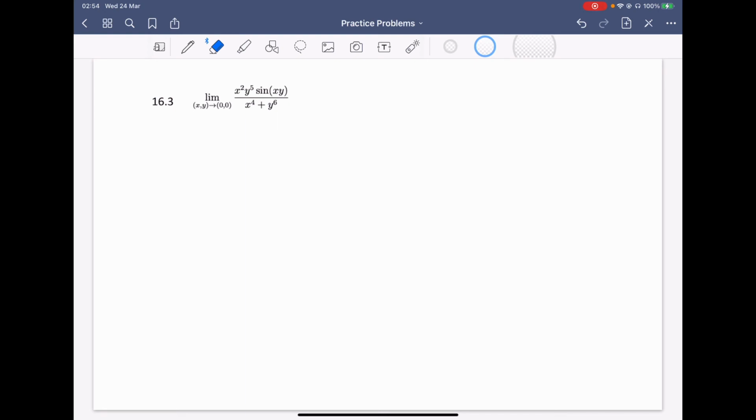If you try to pick a line, and another line, and another line, you're going to get all 0. You can try it, you're going to get all 0. This is because you have this term here that dominates the limit to 0. But you need to find a way to show that this limit is equal to 0. Can you follow me?